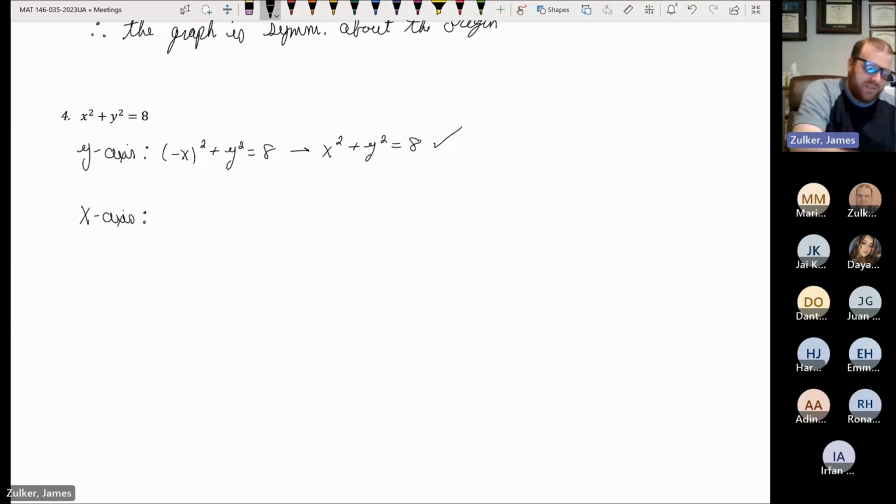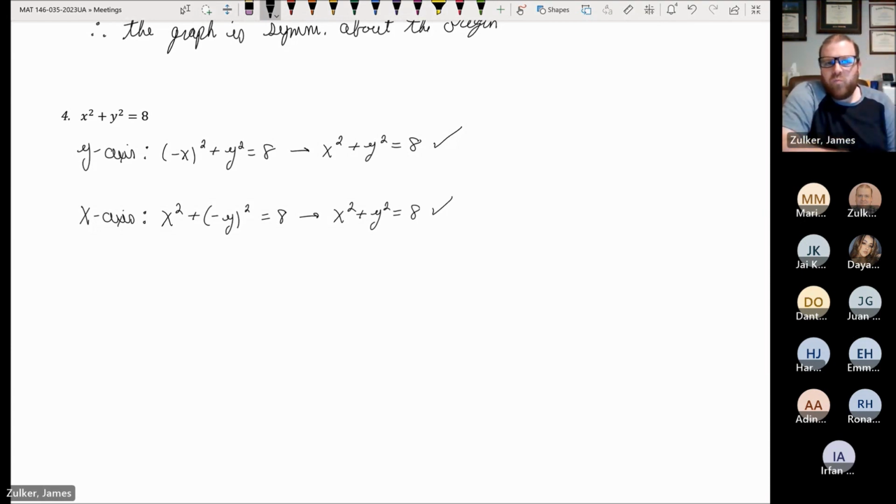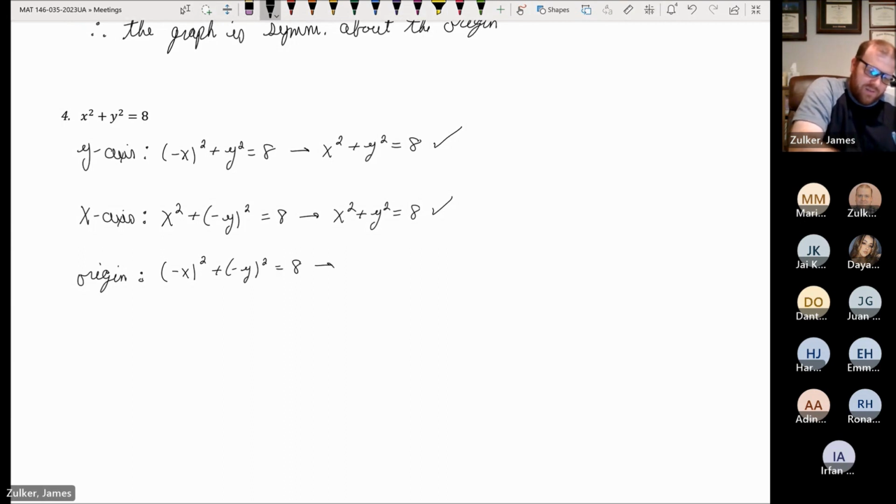Testing about the x-axis, replace y with negative y. That gives us the same. And then about the origin, shouldn't be much work required for this one.